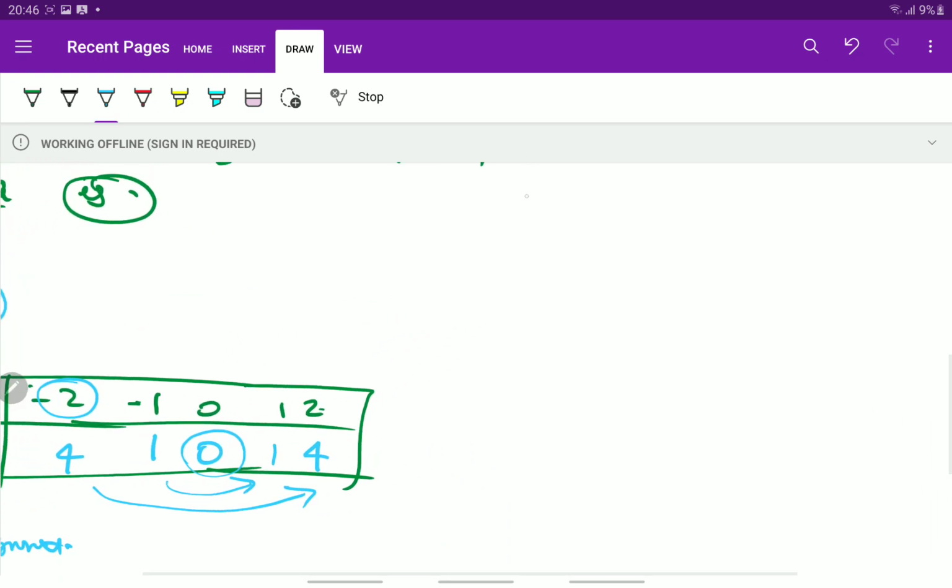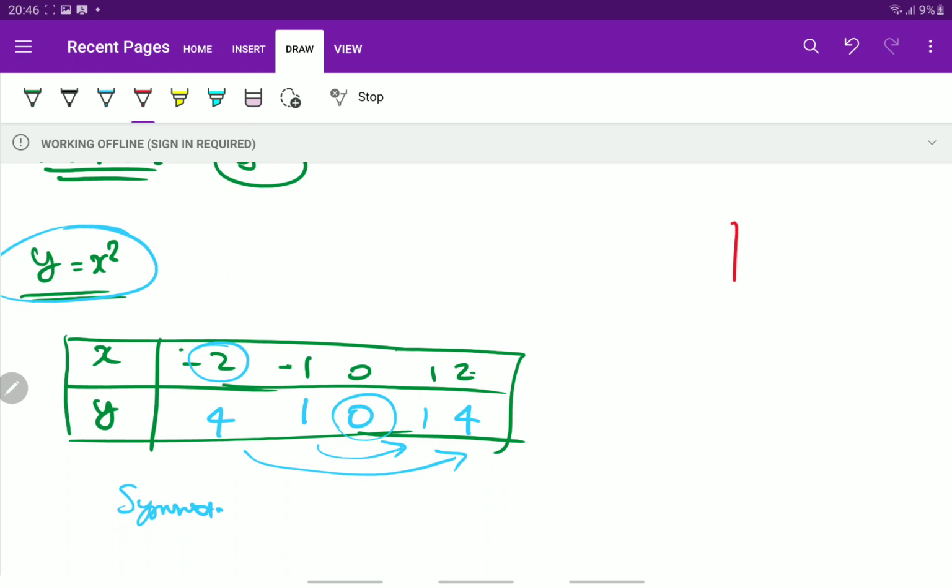And when we actually take the effort to sketch this, let's say that point is 0, 0. Then let's say that's 1, 1. That's 1 comma 1, and then that's minus 2 comma 4, and that's minus 2 comma 4. Now when we actually go on and sketch this, it's going to look like this.